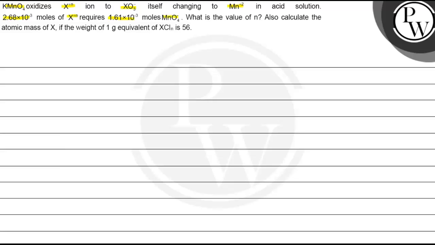What is the value of n? Also calculate the atomic mass of X, if the weight of 1 gram equivalent of XCln is 56. So आइए इस क्वेश्चन को सोल्व करते हैं.